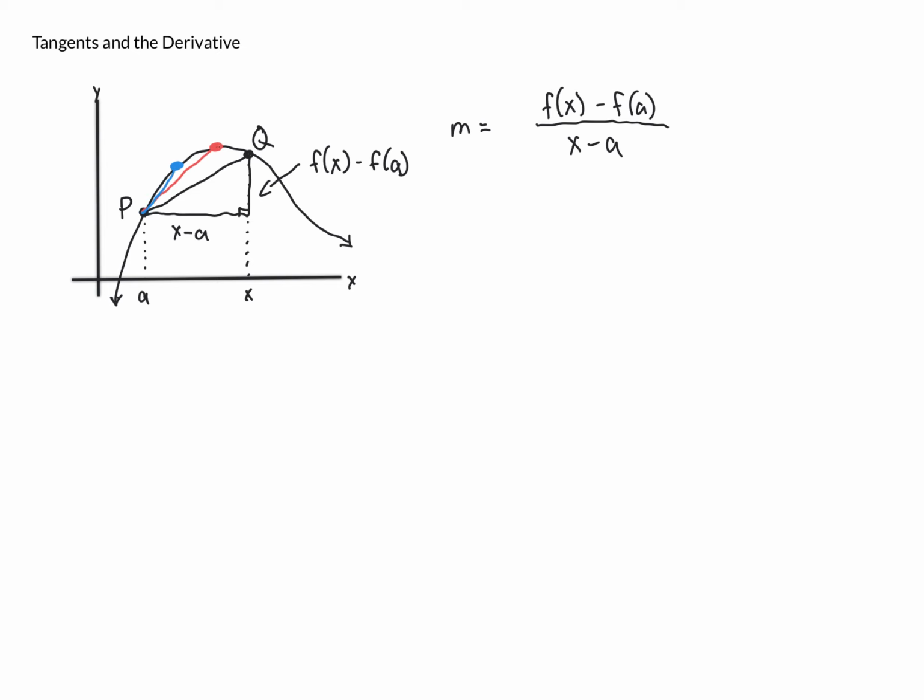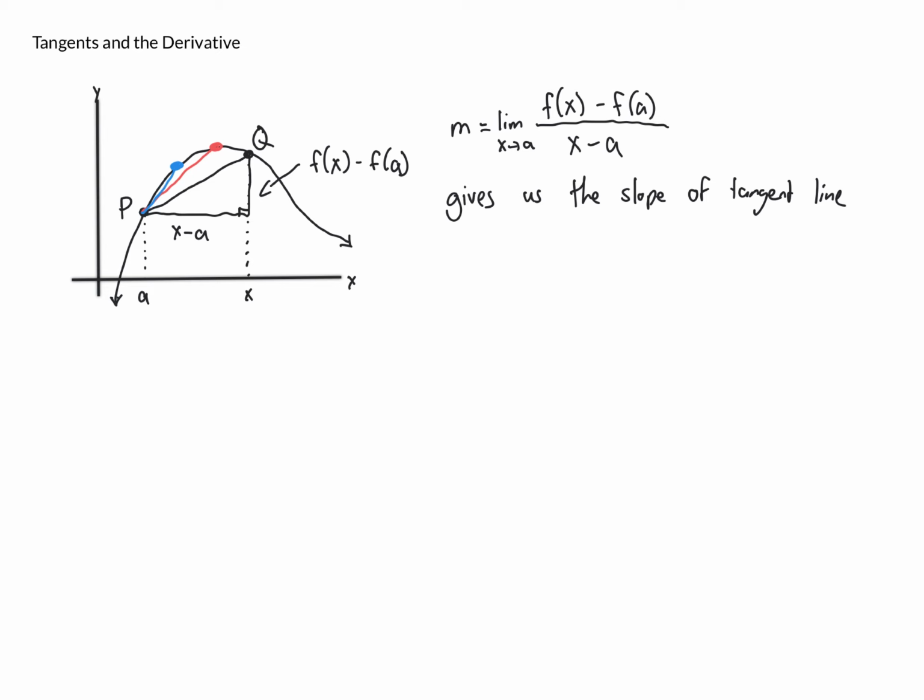And as we've seen before, we know that it's the limit as x approaches a that gives us the slope of the tangent line. So I'm going to put that in here. The limit as x approaches a of this rise over run formula that we have gives us the slope of the tangent line.